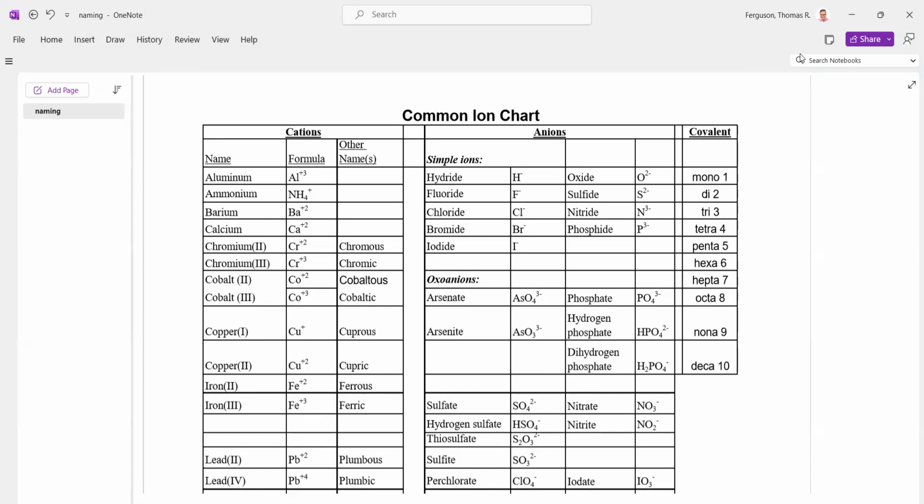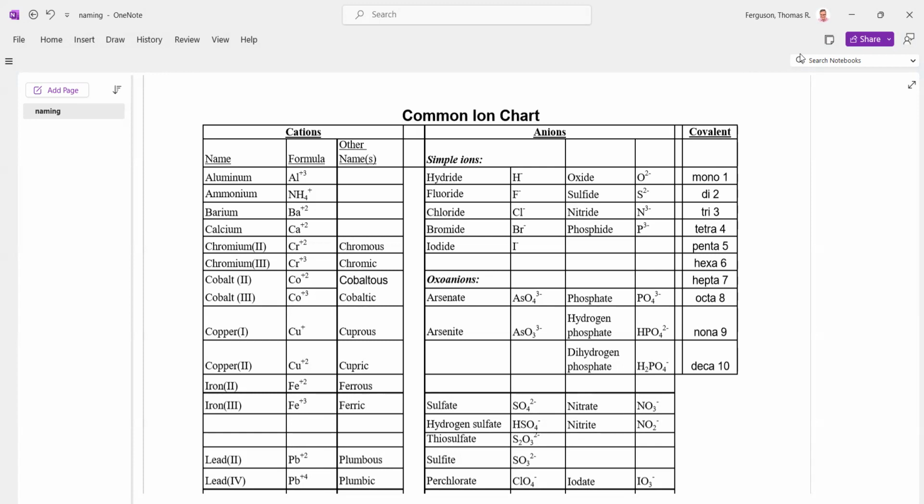So that's one way people say this is an ionic compound: you have a metal and a nonmetal. The other way is a cation plus an anion. Metals usually form cations. Nonmetals form anions.